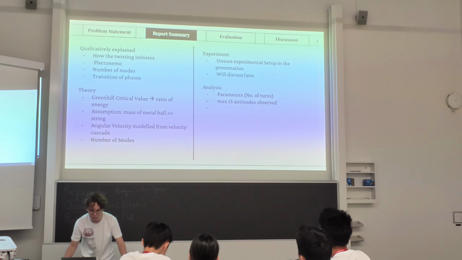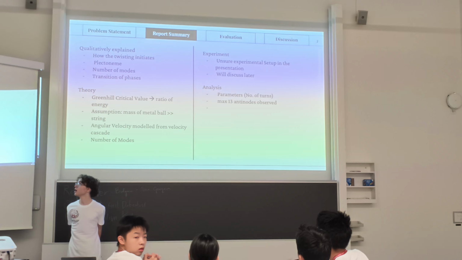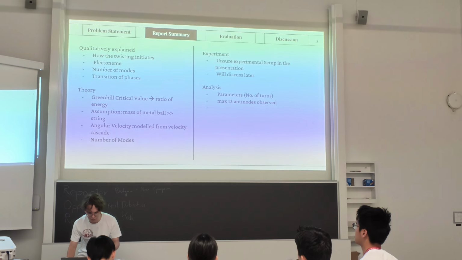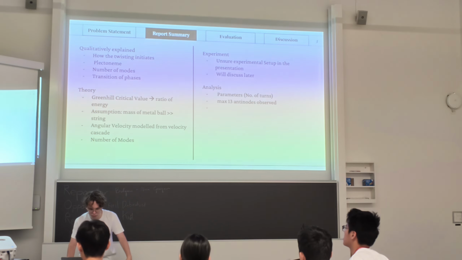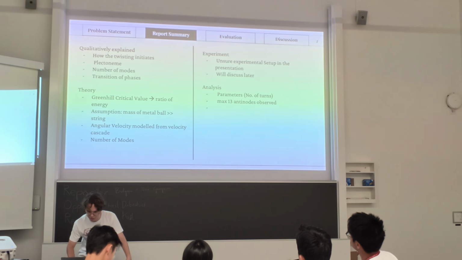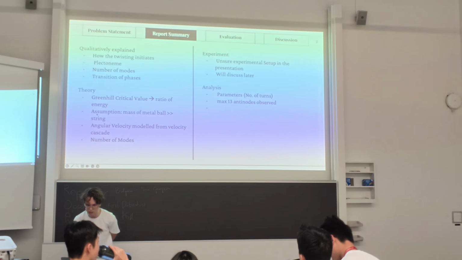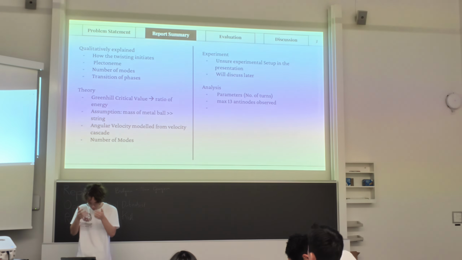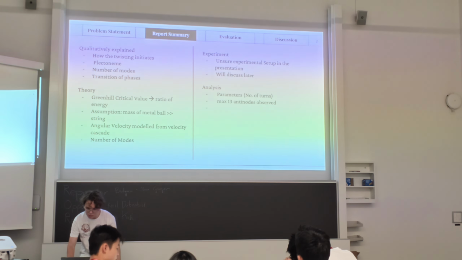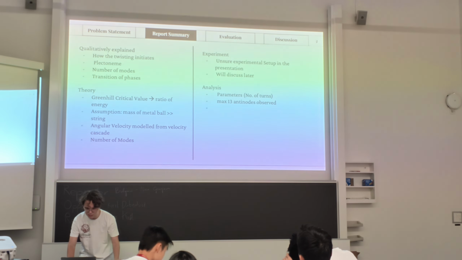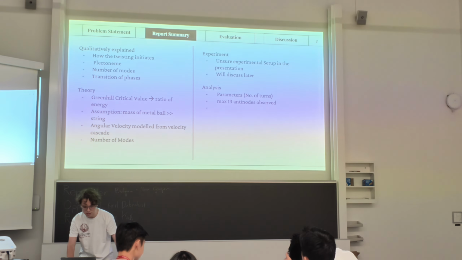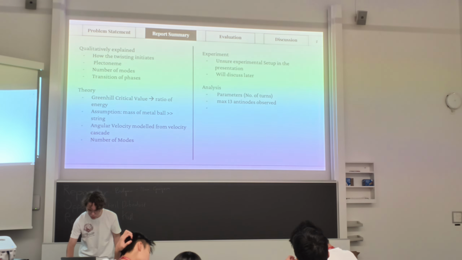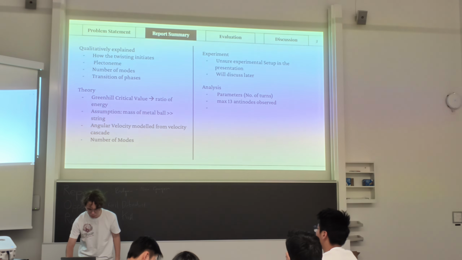The assumptions were made that the mass of the metal ball is much higher than the mass of the string. And for angular velocity, they model from velocity cascade.